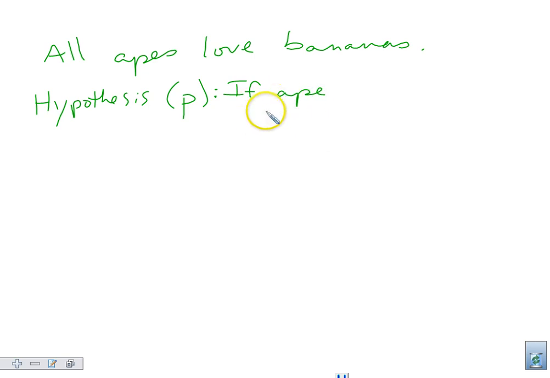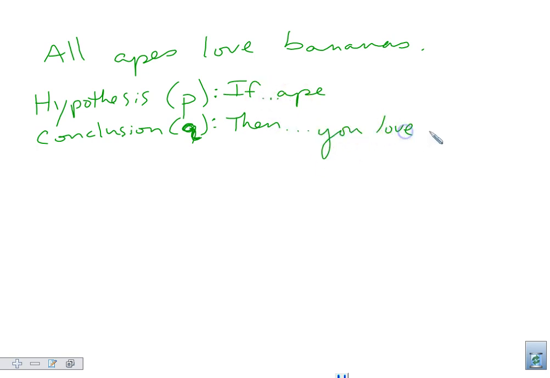That's kind of lazy math shorthand, but if something is an ape, and then the abbreviation for conclusion is usually Q. All right, if you're an ape, then you love bananas. None of you are apes, but if you were apes, then you would love bananas.